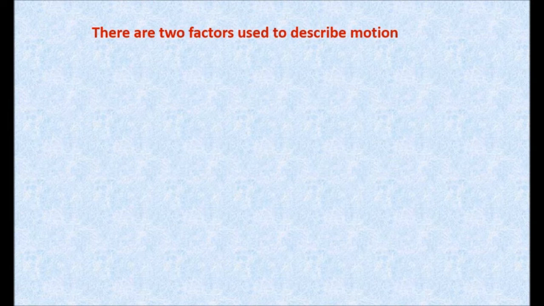We will say that one of them is faster than the other, or one of them is slower than the other. To describe the motion as fast or slow, we need to know two things. Firstly, the distance covered by this object. Secondly, the time taken to complete the motion or the trip.